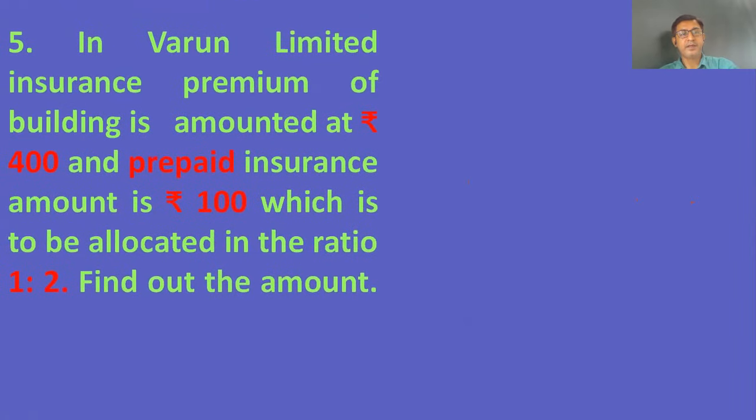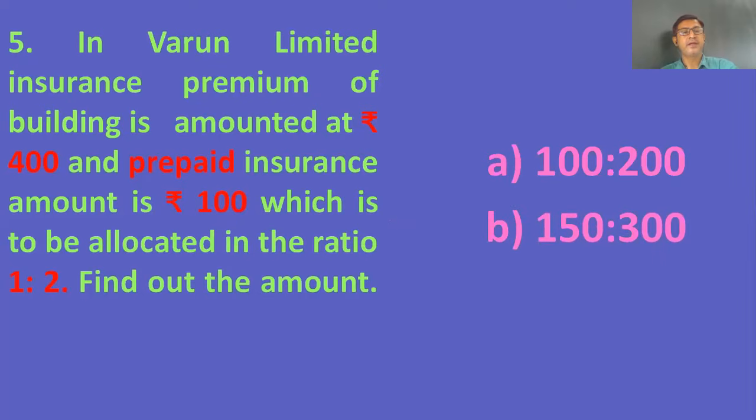Point 5. In Varun Limited, insurance premium of building is amounted at rupees 400 and prepaid insurance amount is 100, which is to be allocated in the ratio 1:2. Find out the amount. Total insurance amount is 400. From that, 100 rupees is prepaid. So 400 minus 100, the total amount will be 300.